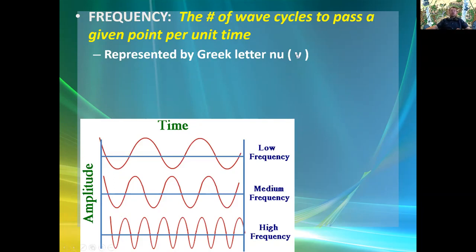Well, now you know the Greek letter nu, which looks like a V, but in fact is not a V. It is a V on one side, but curvy. It's a round V on the right side. So that's the Greek letter nu, and we'll practice drawing that. But frequency is represented by that specific Greek letter, just like wavelength is represented by lambda.